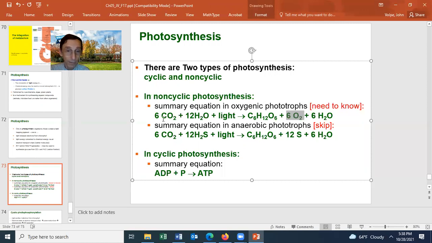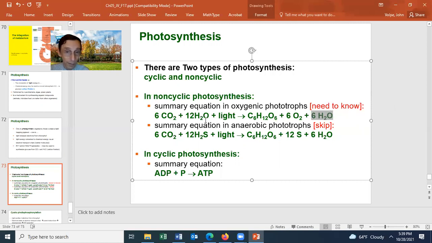photosynthesis. You take 6 CO2 molecules and 12 water molecules in the presence of light, and you make 1 glucose molecule, C6H12O6, 6 oxygen molecules, and 6 water molecules. Sometimes the 6 water molecules will be erased and subtracted here.